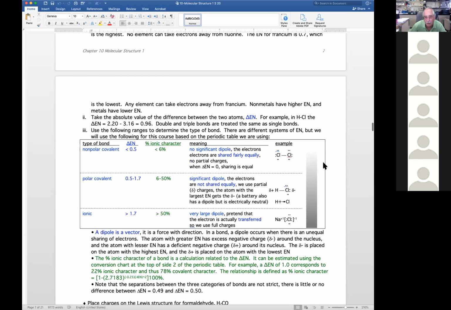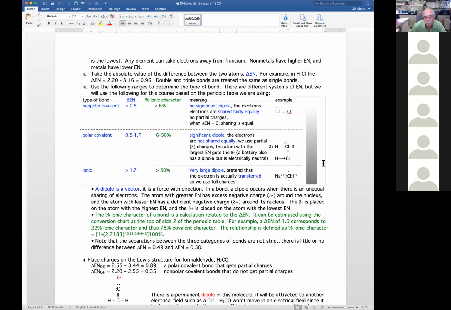And then I made this table or cutoff, showing you the cutoff. And this is what we'll use for this course. So if the difference in electronegativity is less than 0.5, then we'll consider it to be a nonpolar covalent bond, meaning that there's no significant dipole. The electrons are shared fairly equally, so we don't put partial charges, right?